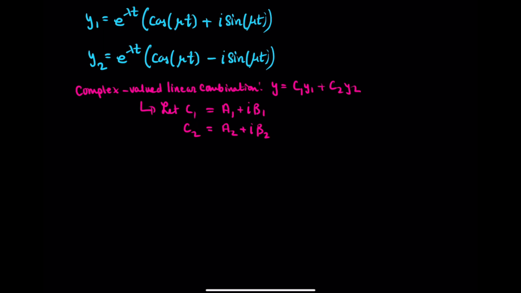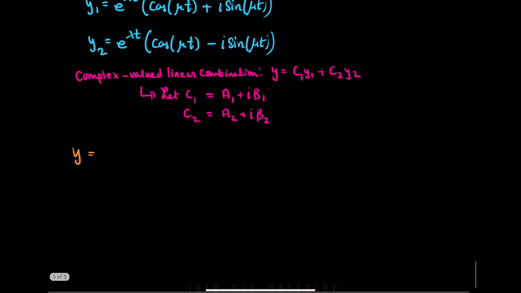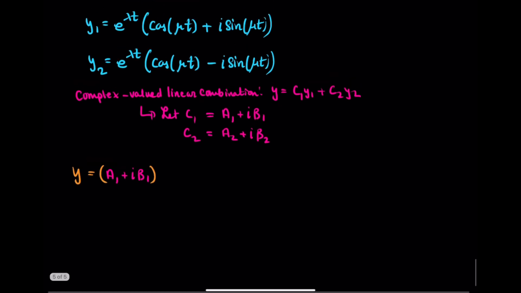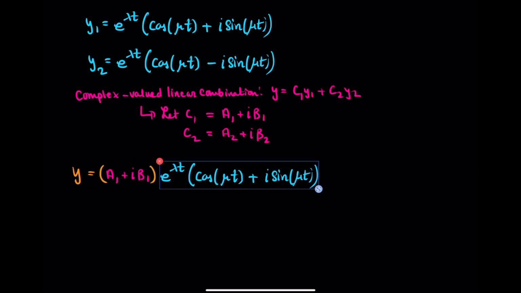Okay? And so then we can plug everything in, and let's do that. I'm going to write this in orange. Y equals c1, which is this value, a1 plus i b1, times y1, which is this, and then plus this c2 right here.